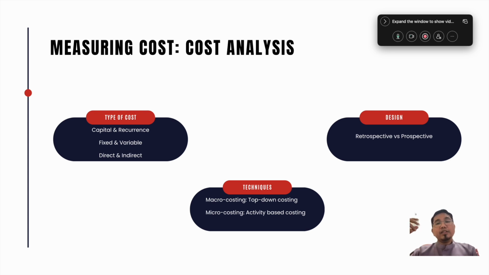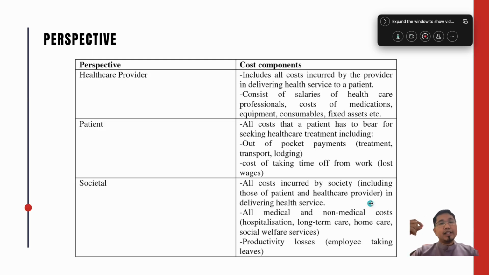Okay, and then you should mention regarding the design. Either you look at the retrospective or prospective study design. Okay, don't ever forget to mention regarding the perspective. In the cost analysis you should mention the perspective that you look at. Either you look at the provider, the cost incurred by the provider in delivering health services, or the patient, all the costs that a patient has to bear, and also the societal.